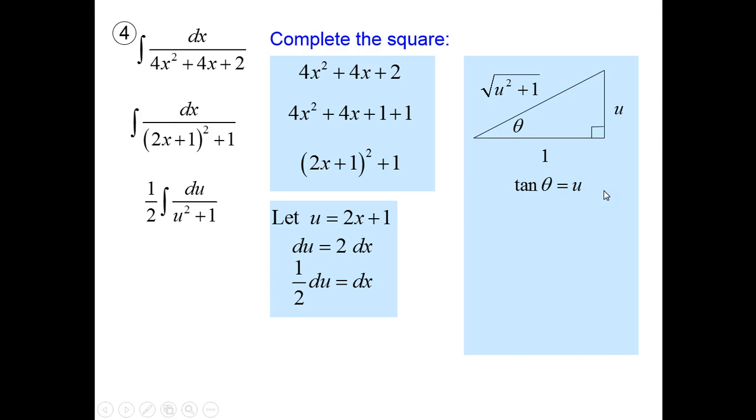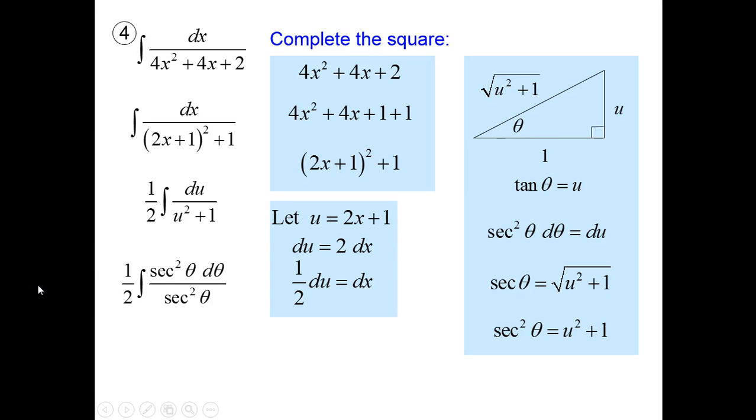So taking the derivative of that, because I need an expression for du in the integrand, we get secant squared theta d theta equals du. Also observe that secant theta is equal to the square root of u squared plus 1. And I need the square of this radical in my integrand, so I'm just going to write that as secant squared theta.